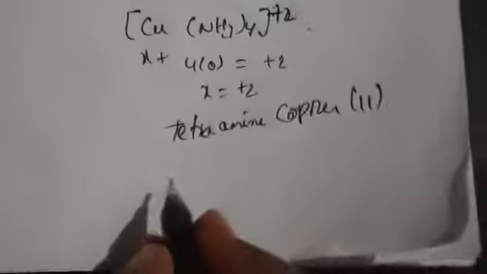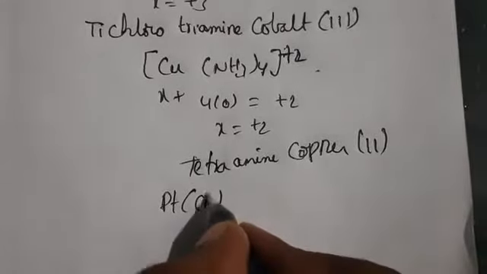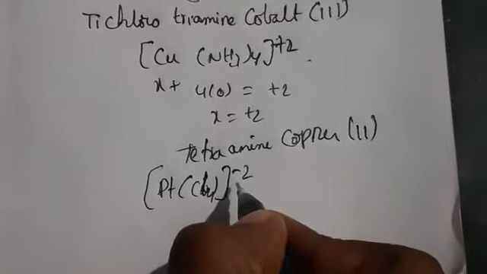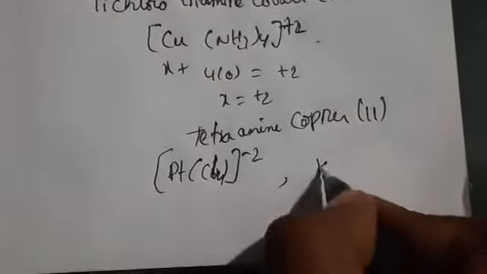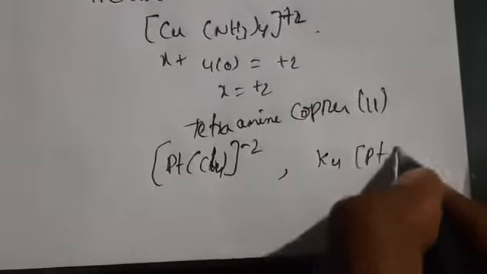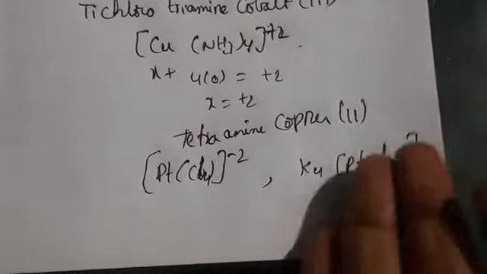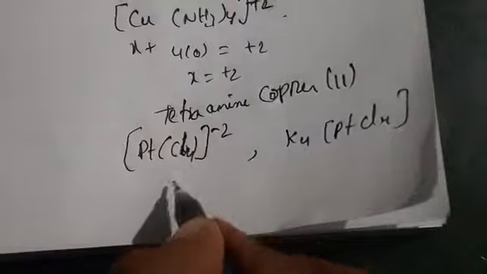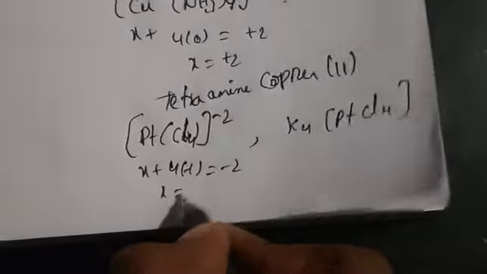Coming to anions, if there is a charge, like [PtCl4] 2-, we can easily identify that it is anionic. Suppose there is K4 PtCl4, so we don't know whether it is cationic, anionic or neutral. For this we can write for Pt: 4 into minus 1 plus X equals minus 2, so X is equal to plus 2 for platinum.